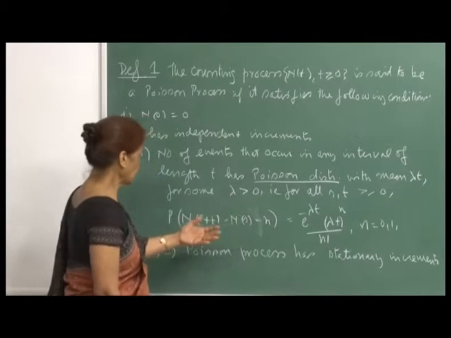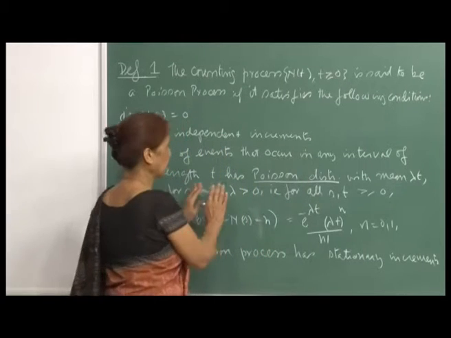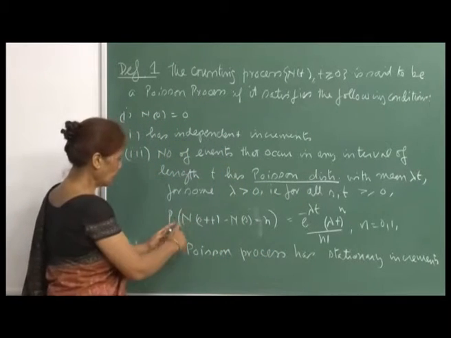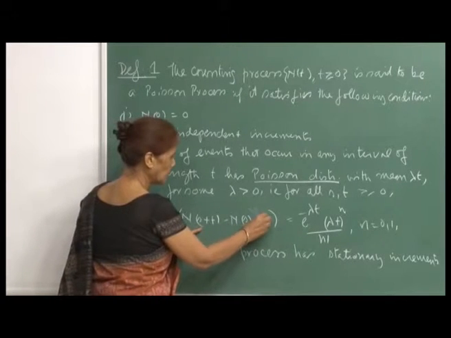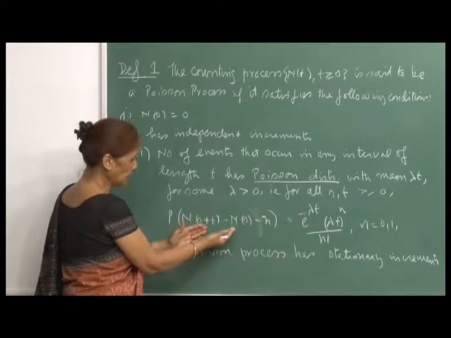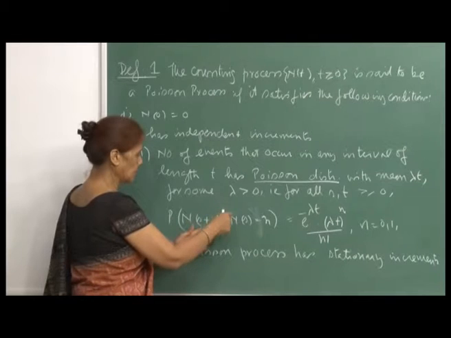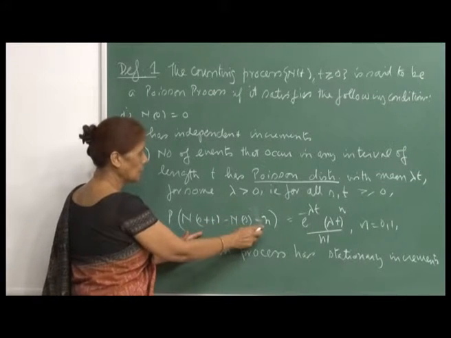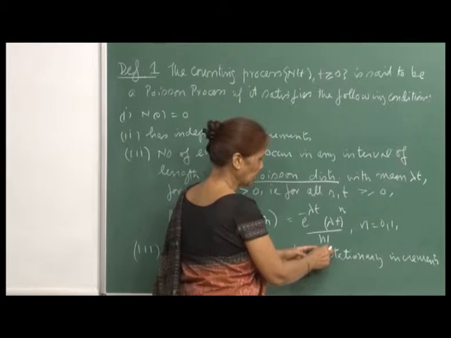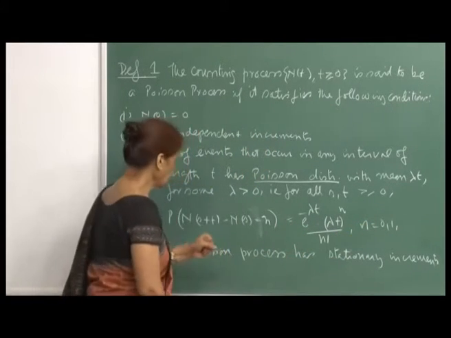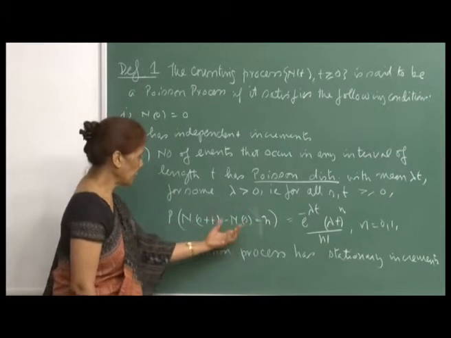That means, because the time interval is of length t, the probability of N(s plus t) minus N(s) equal to n, the number of events that occur in this interval of length t, will be e raised to minus lambda t, lambda t raised to n upon n factorial, with n varying from 0. So, this is your probability for any integer value of n, right.